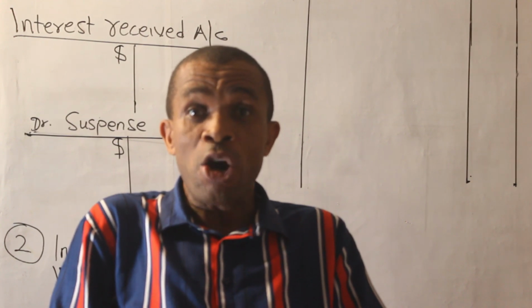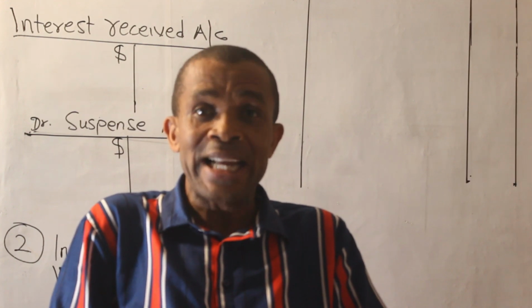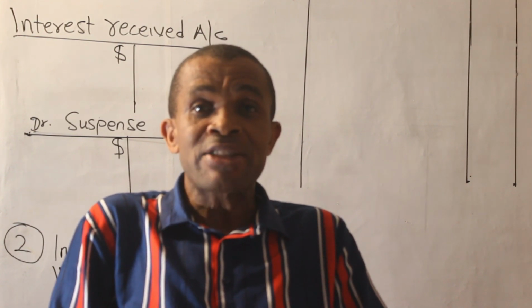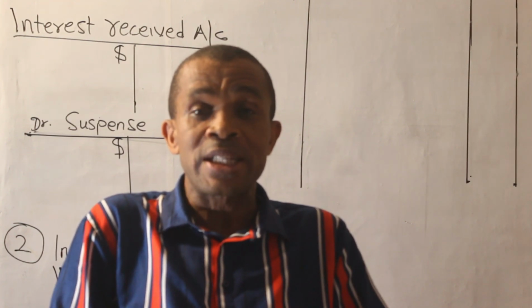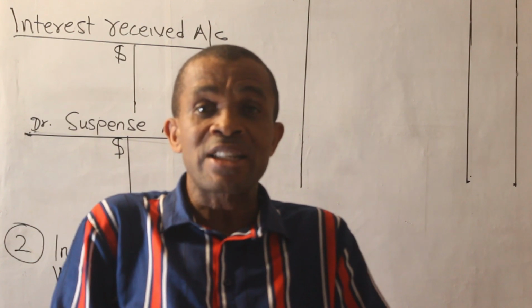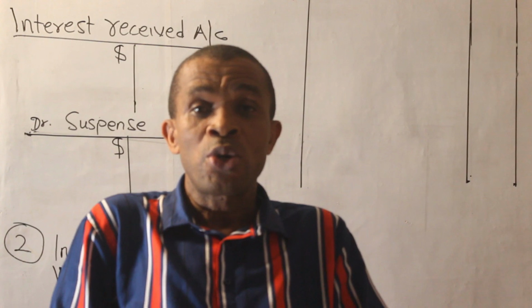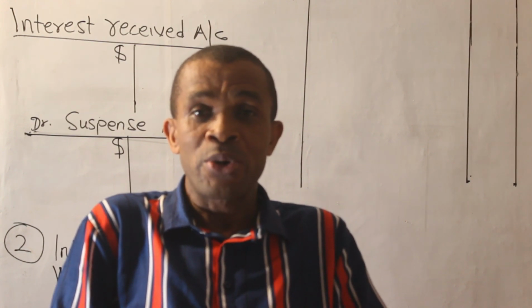That means the undercast or the reduction has now been added to make the credit side complete. So when we want to correct this error, the simple logic is that the interest received account is credited with $428. Once the interest received account is credited, it means that the suspense account, which is the corresponding account, will be debited with the same figure.